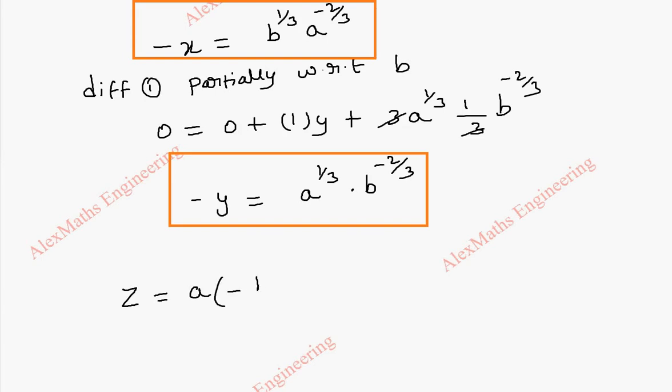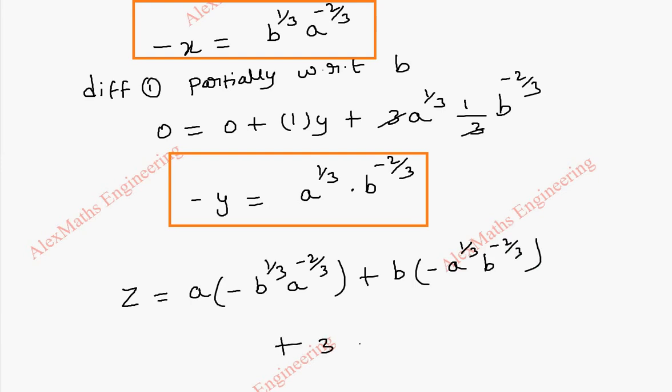So it will become minus b power 1 by 3 a power minus 2 by 3 plus by, and this is minus y, so I have to take the minus to the other side. A power 1 by 3 b power minus 2 by 3 plus 3 a power 1 by 3 b power 1 by 3. So we take a power 1 by 3 b power 1 by 3 as it is.